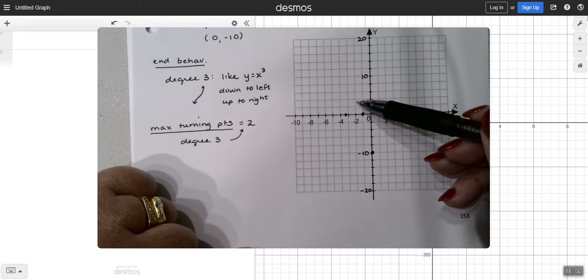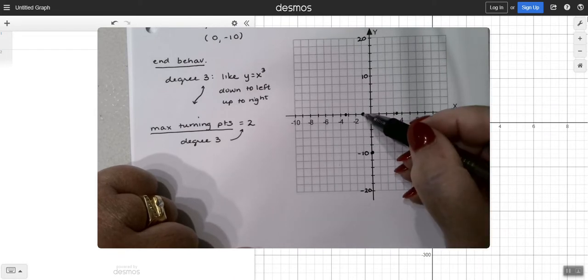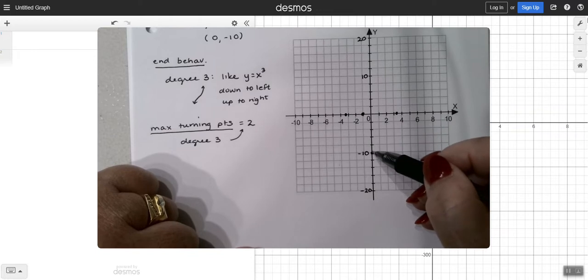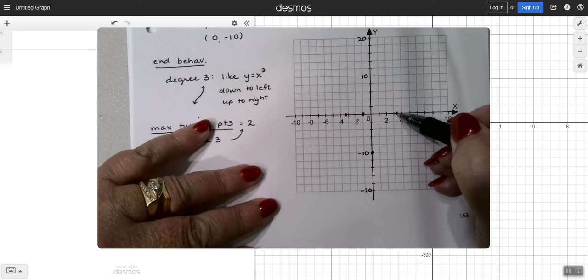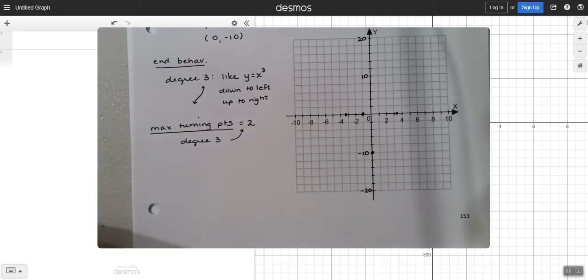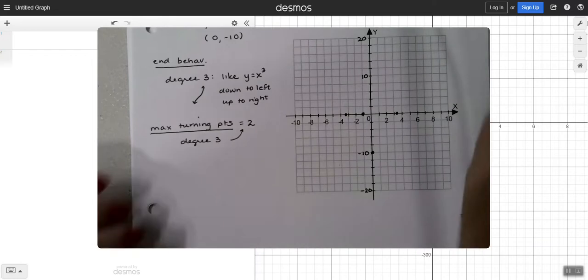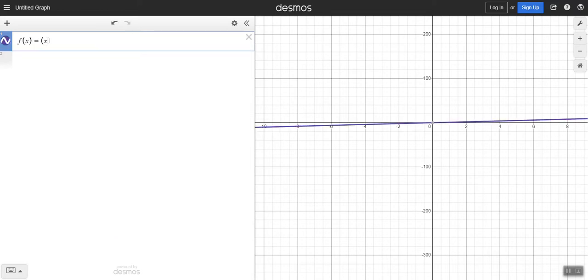There's going to have to be a maximum so that I can come down through this next x-intercept. Got to come down through the y-intercept. Going to have to be a minimum somewhere in here so that I can come back up through the other x-intercept. So other than the exact location of the turning points, I have a really good idea of what this graph looks like. I'll go ahead and click over to Desmos so that we can get the slightly more exact version. But like I said, we can do a lot with just what we know.